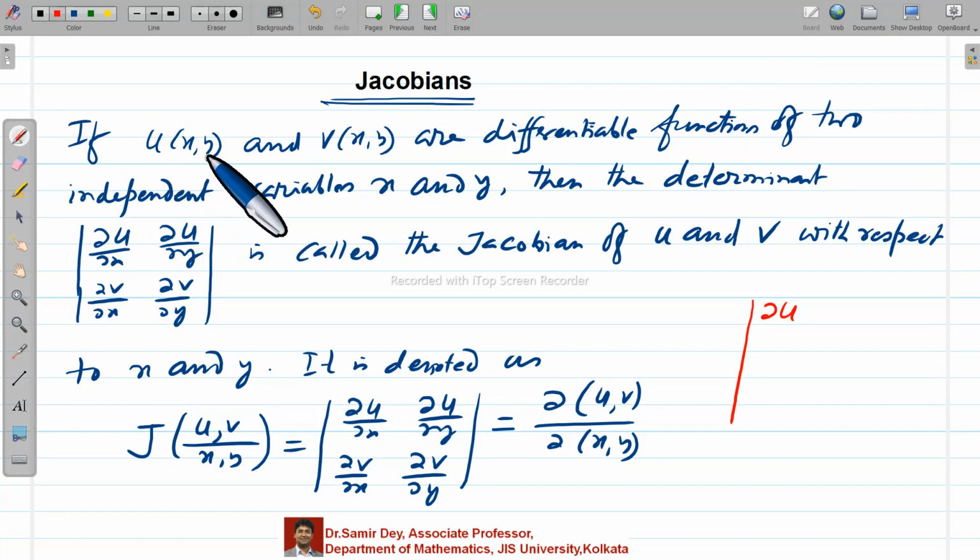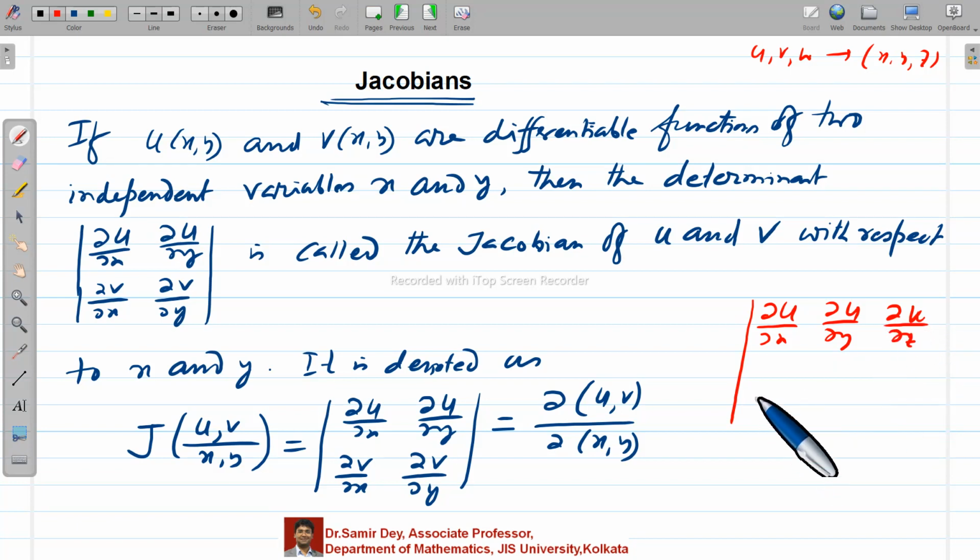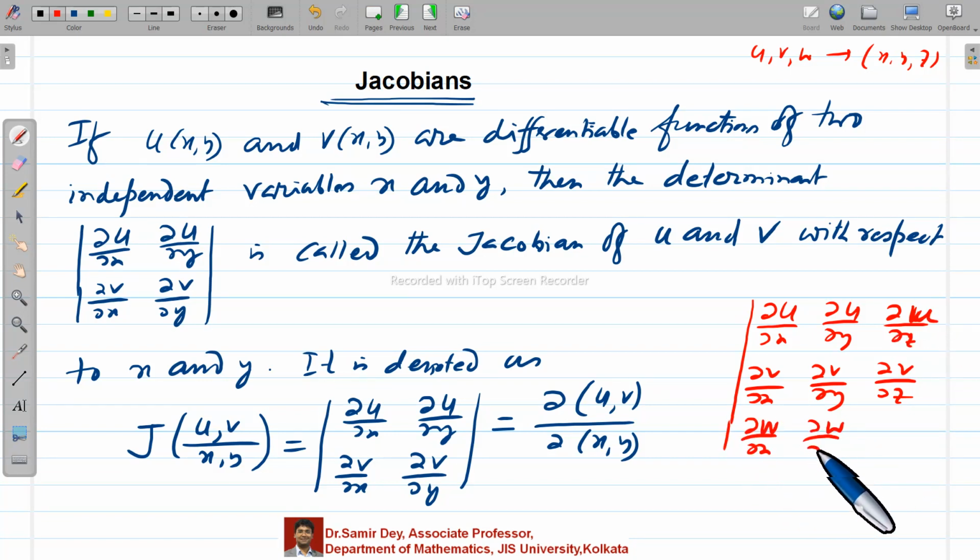If u is a function of x, y, z, v is a function of x, y, z, and w too, all three are functions of x, y and z, then the Jacobian will be the determinant ∂u/∂x, ∂u/∂y, ∂u/∂z; ∂v/∂x, ∂v/∂y, ∂v/∂z; and ∂w/∂x, ∂w/∂y, ∂w/∂z.